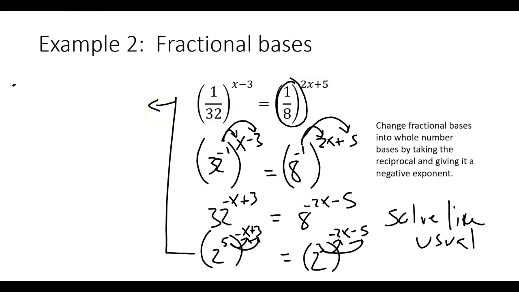We're going to have 2 to the negative 5x plus 15 on the left side, and on the right side, we're going to end up having 2 to the power of negative 6x minus 15. And then we can drop the bases and just make an equation out of the exponents and solve.